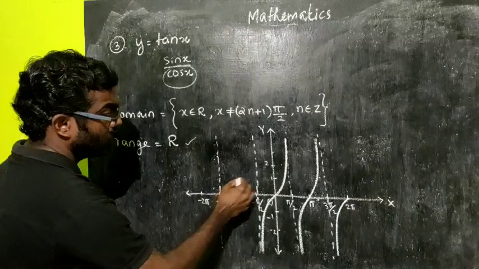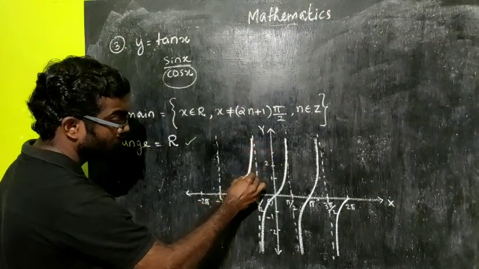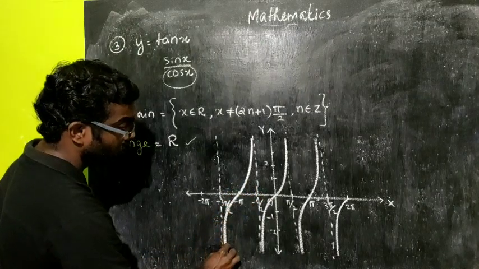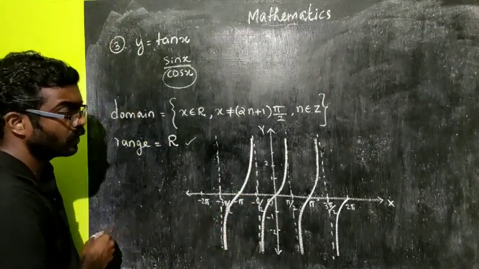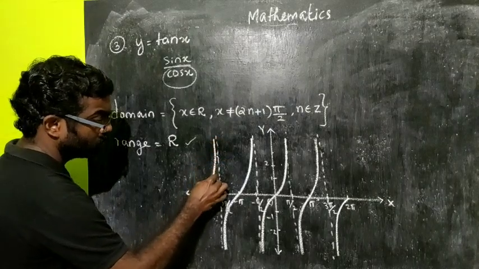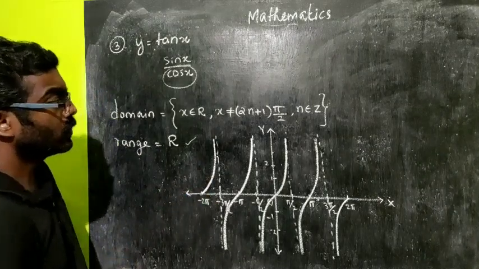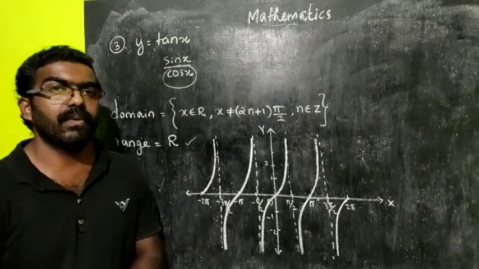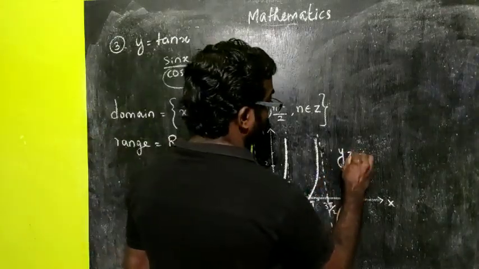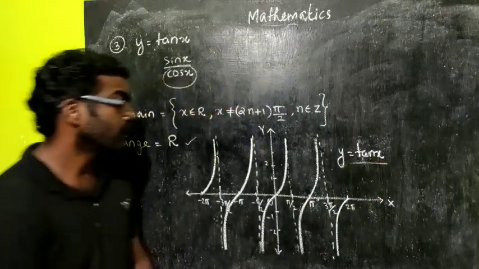And in this domain, we can draw the curve. And here we can mark the points. So this is the graph of the function y is equal to tan x, the trigonometric function tan x. Clear?